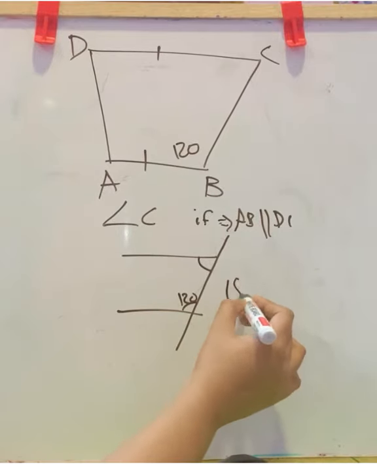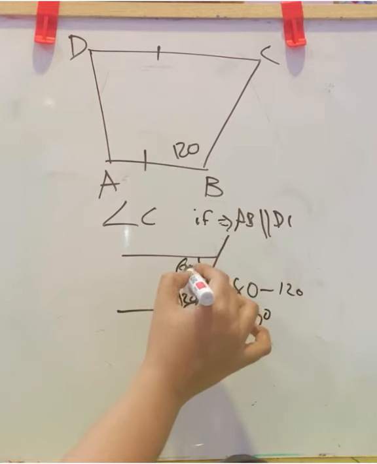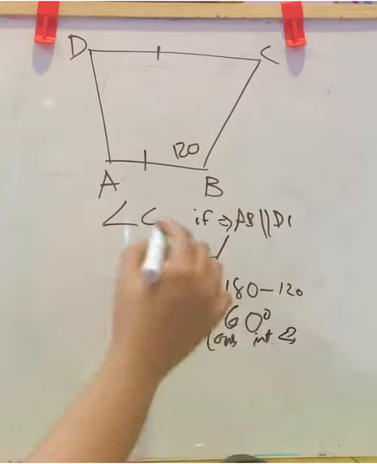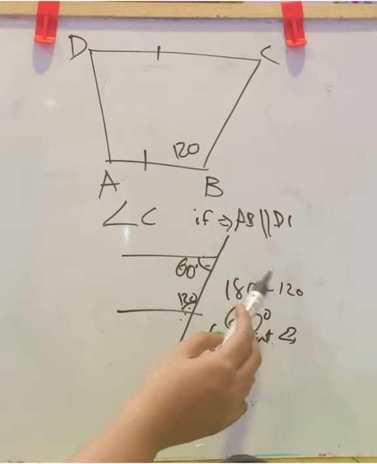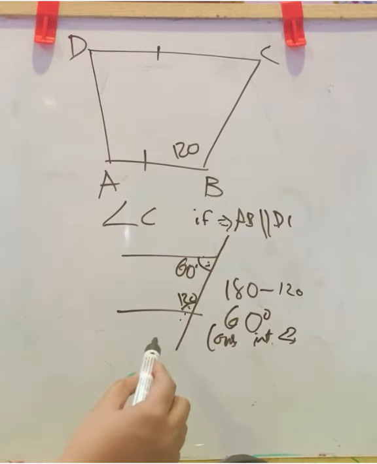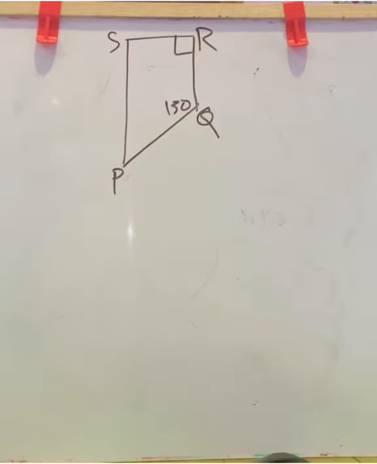So we can say 180 minus 120, that is 60 degree. Here it will be consecutive interior angles. Their sum is 180. If one angle is given, 180 minus that angle, you will get this angle. So angle C is 60 degree.